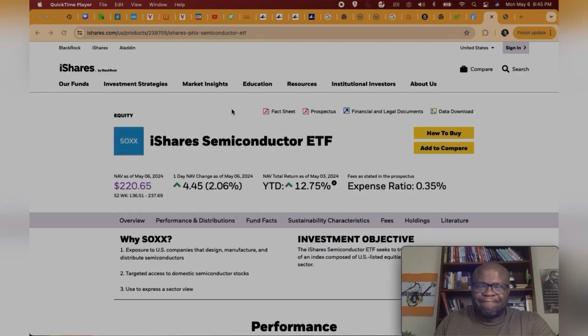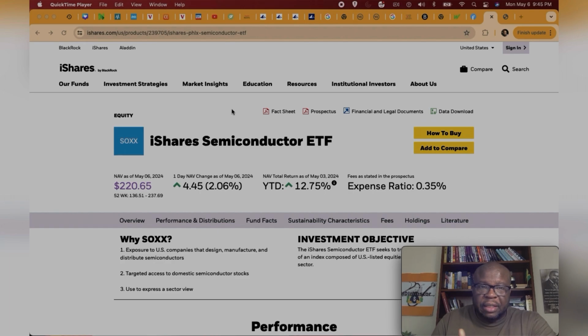Let's go. So here we are in my computer on the iShares Semiconductor ETF, ticker symbol SOXX. Let's quickly review this semiconductor ETF.